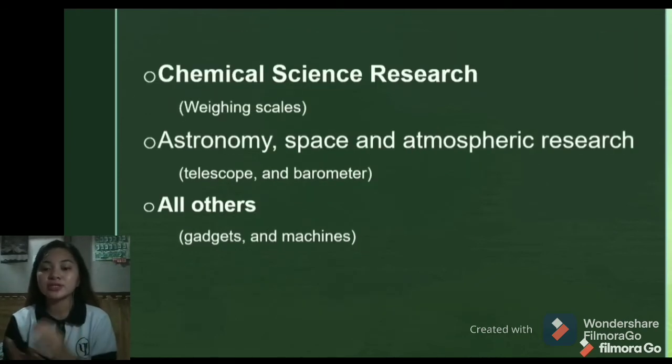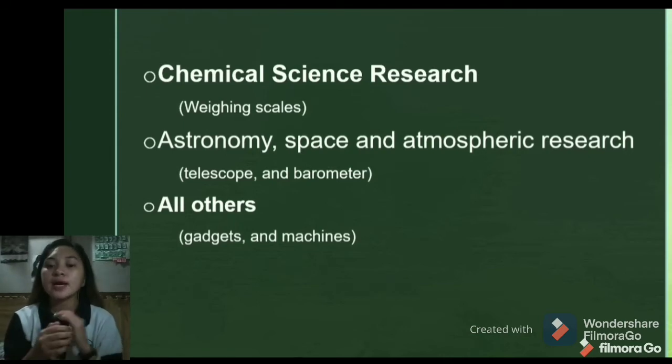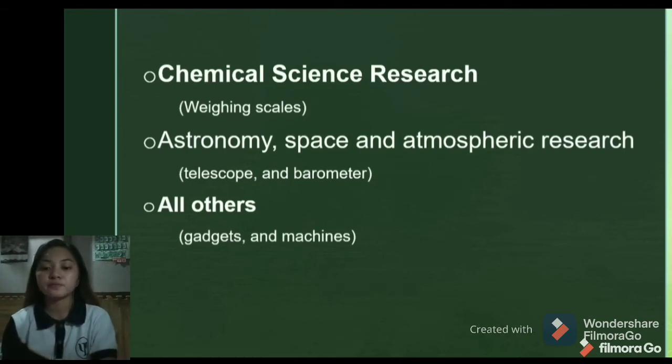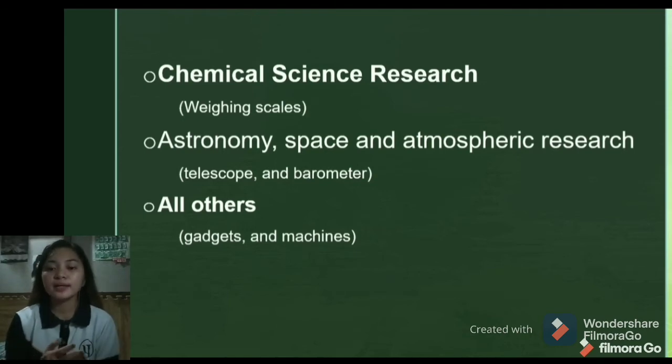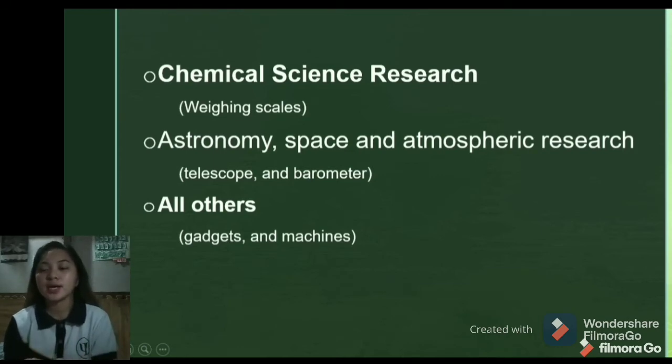Chemical science research is similar to medical research, particularly in drug research for the cure of ailments like cancer. Weighing scales are an example.